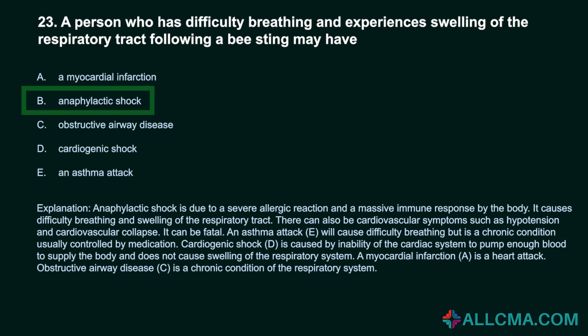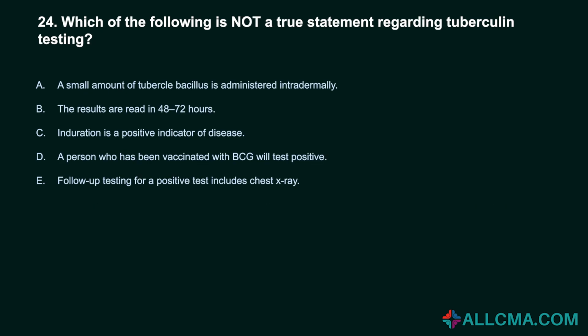Cardiogenic shock, D, is caused by inability of the cardiac system to pump enough blood to supply the body and does not cause swelling of the respiratory system. A myocardial infarction, A, is a heart attack. Obstructive airway disease, C, is a chronic condition of the respiratory system.